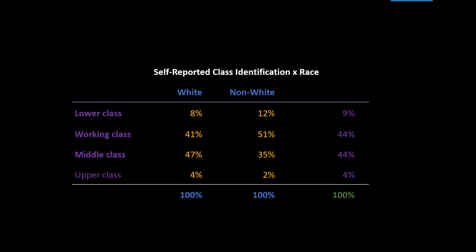It might actually be the case that it is social class and not race that predicts who respondents vote for. We can assess whether the relationship between race and voting we saw still holds if we control for social class.